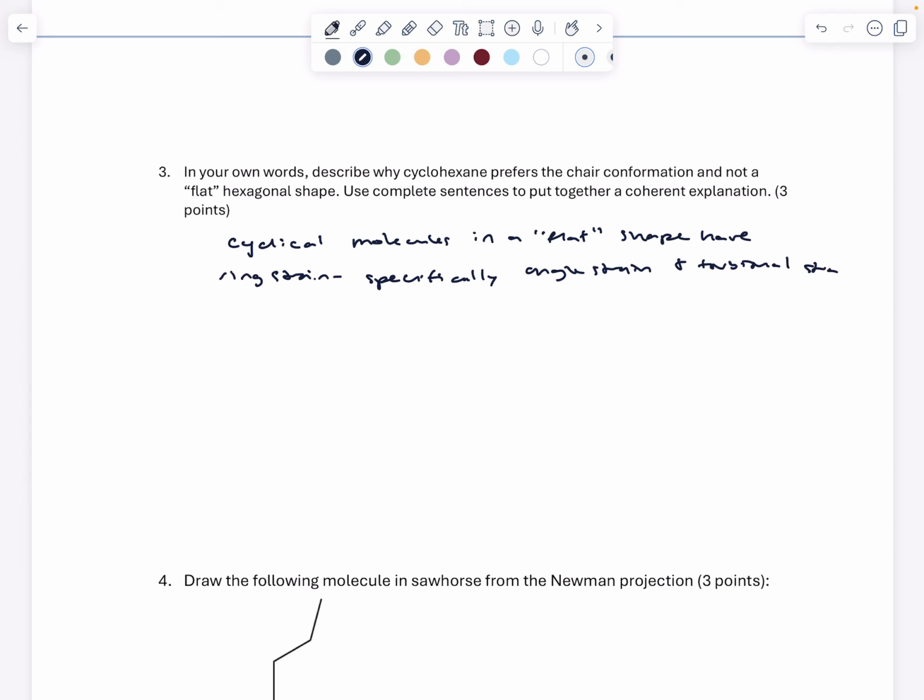This is something that I'm looking for, a complete sentence. So cyclical molecules, if they took a flat shape, have these types of strains. By bending out of the plane, that strain can be minimized.